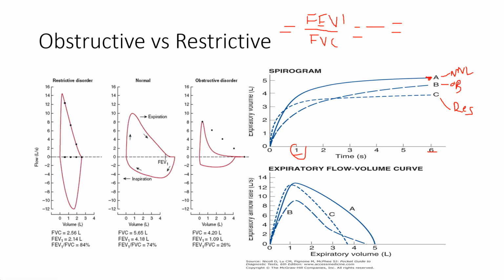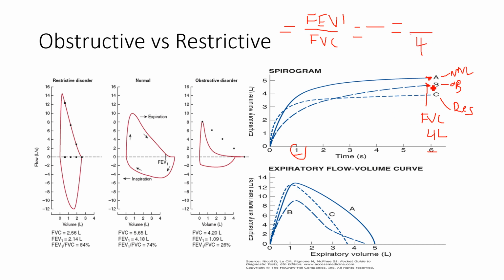In our plot B, at their FVC here, they get out about 4 liters. So not too much lower than normal. Again, we'll talk about that in a second, but their FVC is 4 liters.